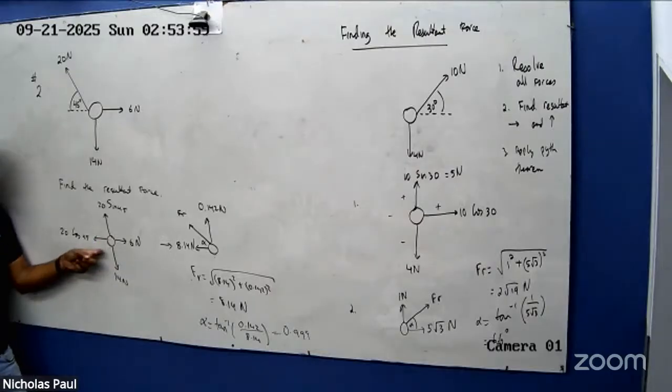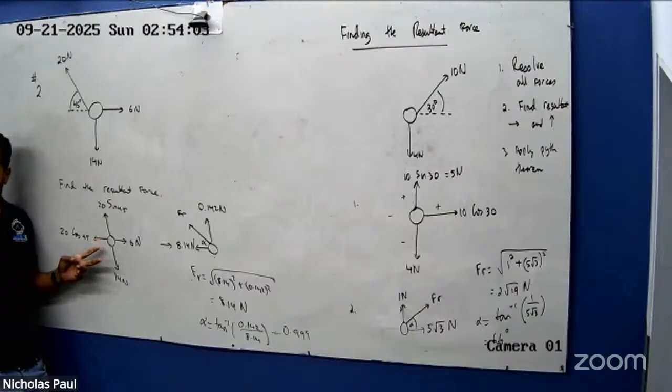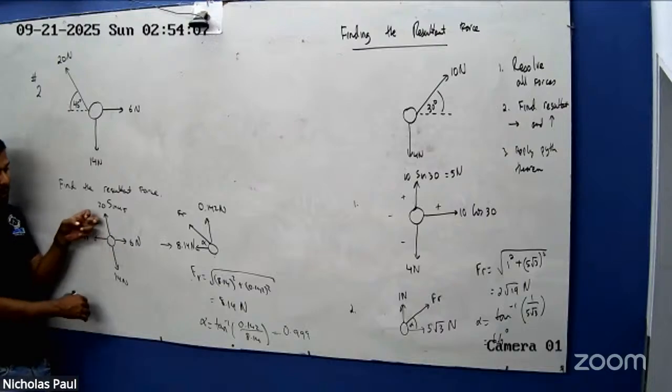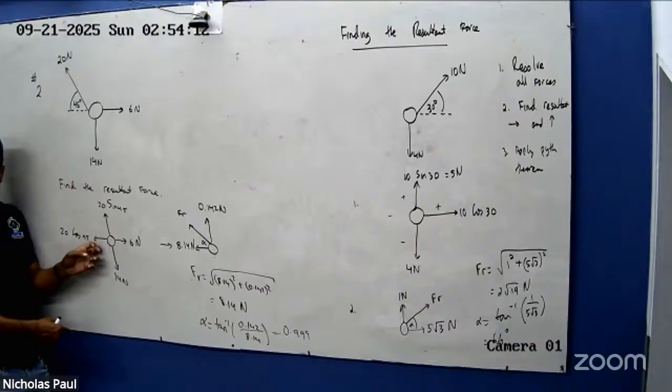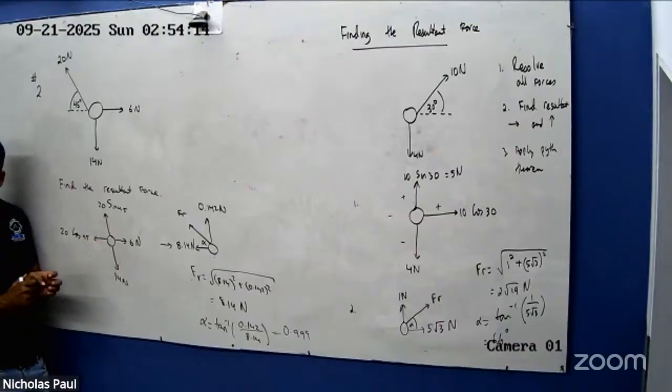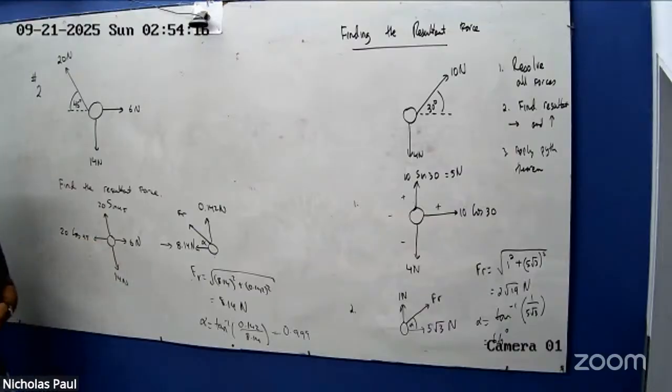And if I give you this diagram here, and I said that this object is in equilibrium, what does that also mean? It's not moving, right? So it means the upward has to be equal to the downward and the left equal to the right. That's okay? So sometimes they can give you the reverse and say, well, find F if the object is in equilibrium.